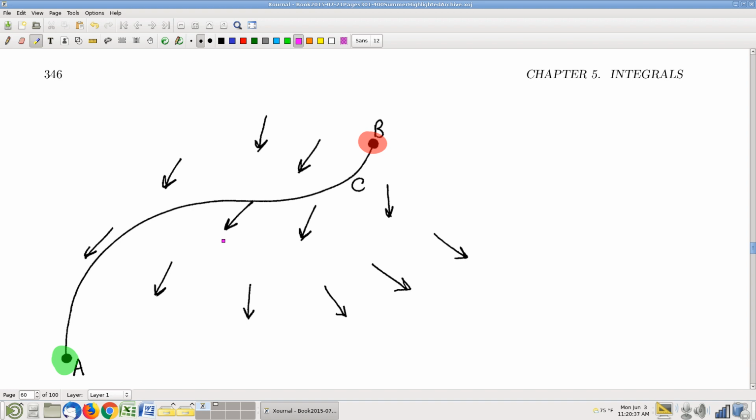Notice here, the force vector at this point is like that, but the force vector at that point is really different. So clearly I can no longer just say, look at the displacement and dot the force. The force isn't the same everywhere. Furthermore, that dot product formula doesn't in any way recognize that I'm going along that specific curve and not just a straight line. So what we have here is a harder problem.